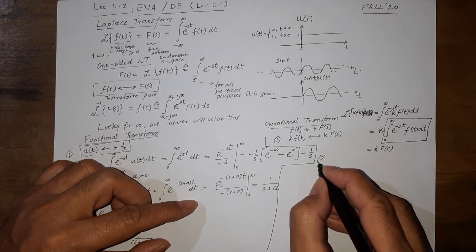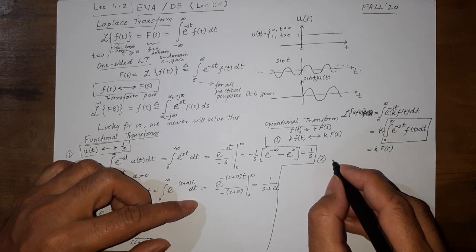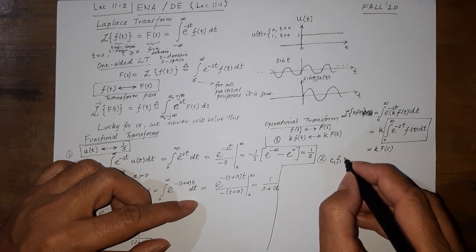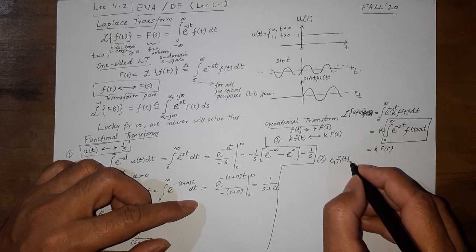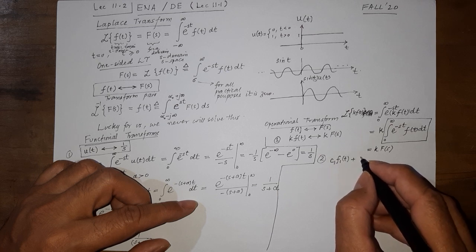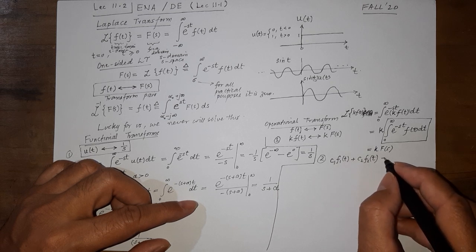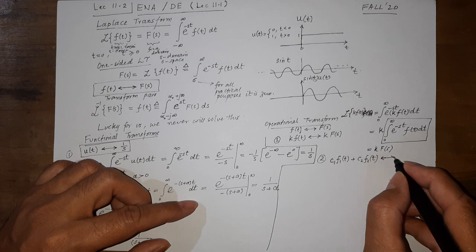Similarly, number two, what is going to happen if a constant multiplies some function of time and another constant multiplies another function of time and they are added together? How would their transform look?